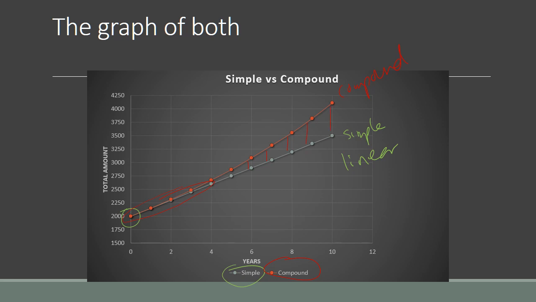It's not easily evident from this picture, but if I was to continue that, say to 20 or 30 years, this eventually starts to skyrocket. It's exponential, which was the focus of our last unit, right? And our simple one just plods along at the same rate all the way across.